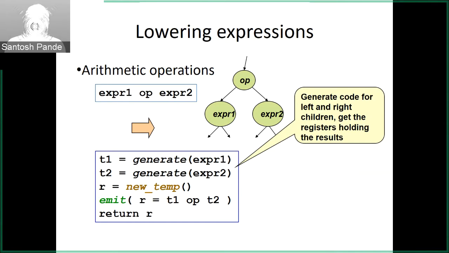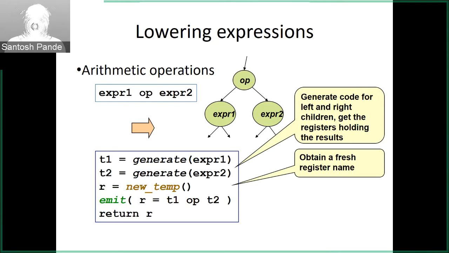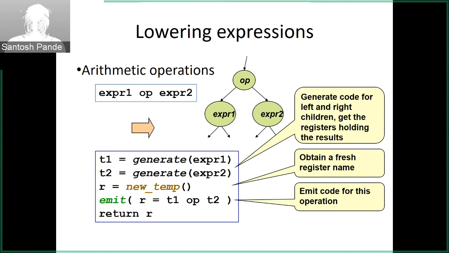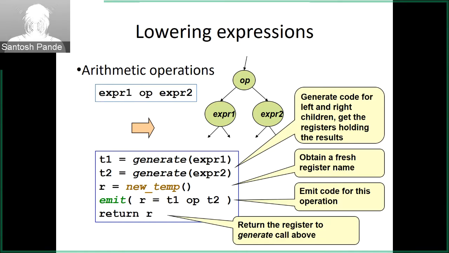So here is the higher level algorithm: generate the code for left and right children, get the registers or the names to hold their results, get a new temporary name here for finishing off stitching them together, generate the code for this operation at the current level, and then go up for the call above.